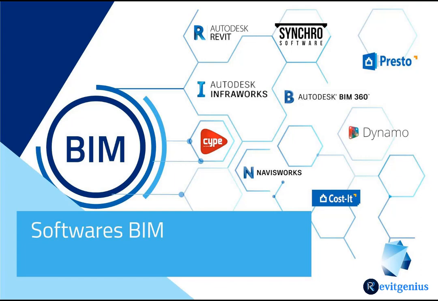It's a comprehensive technology that encompasses all aspects of the building lifecycle, from architectural design and engineering to construction, facility management, and project management. One of the most exciting aspects of BIM is the wide range of software available to support it. Revit is one of the most popular BIM software programs, but many others exist to cater to different needs and workflows.